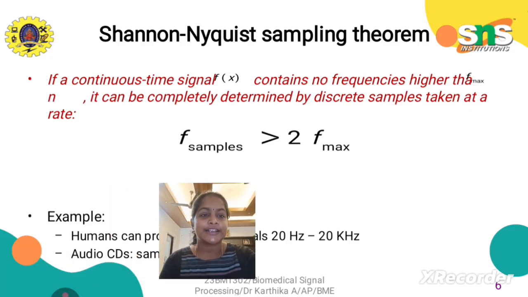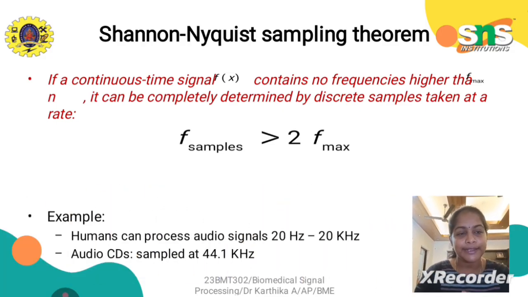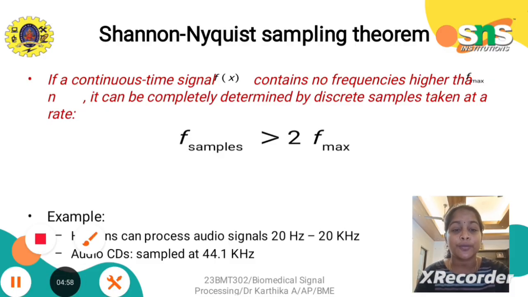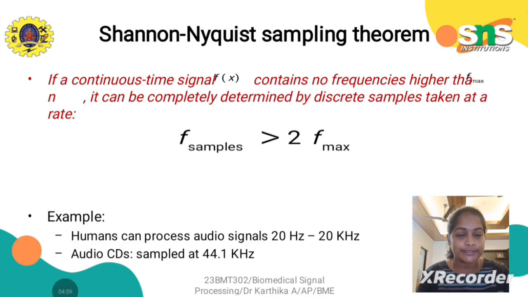Here our Shannon-Nyquist sampling theorem gives that f sample should be greater than 2f max. Example: humans can process audio signals from 20 Hz to 20 kHz, and audio is sampled at 44.1 kilohertz because your f sample should be greater than 2f max.